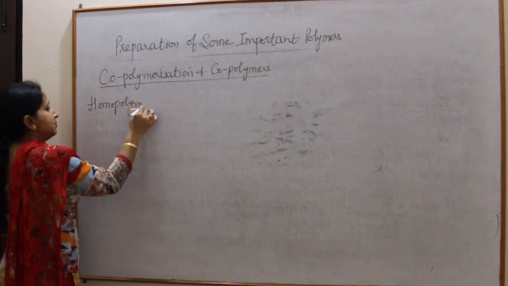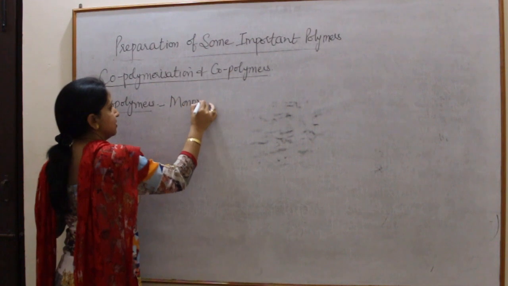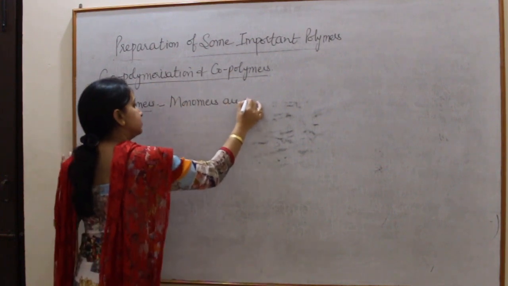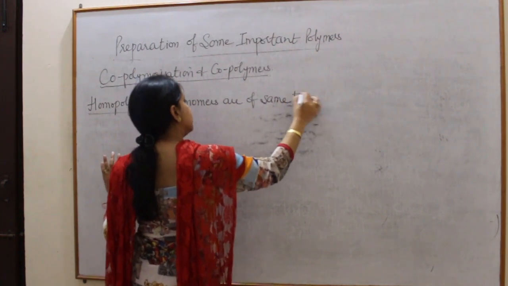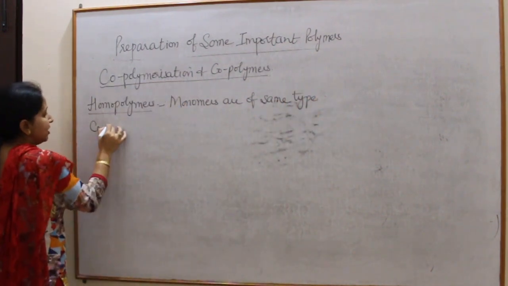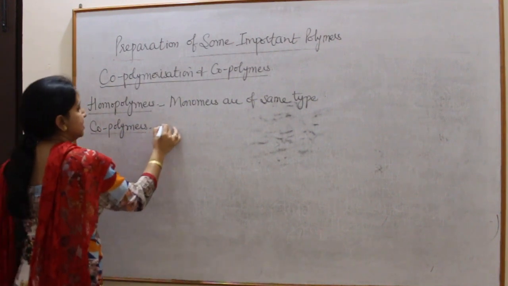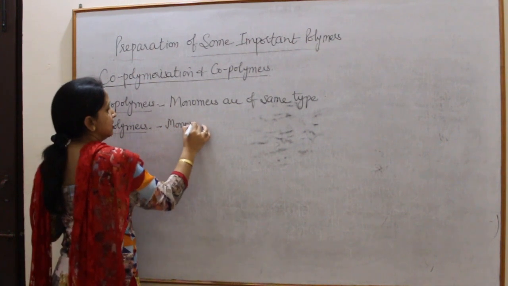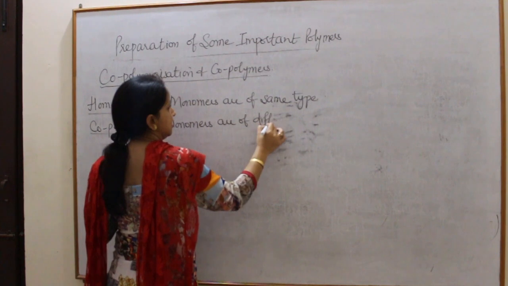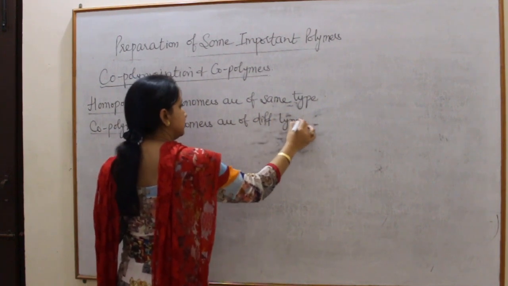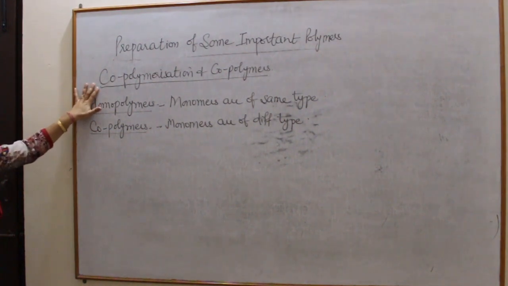Homopolymers are those polymers in which monomers are of the same type. And next is copolymers, in which monomers are of different types. So we have to discuss copolymerization and copolymers.